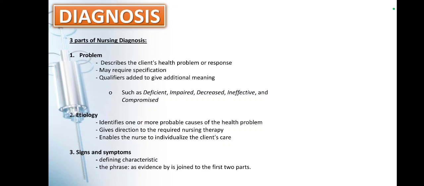After your etiology, the last part of your nursing diagnosis is the signs and symptoms. This is the defining characteristic of your nursing diagnosis, or the signs and symptoms observed from the patient that would support the health problem of your patient. The phrase "as evidenced by" joins the first two parts. Here we have different examples.